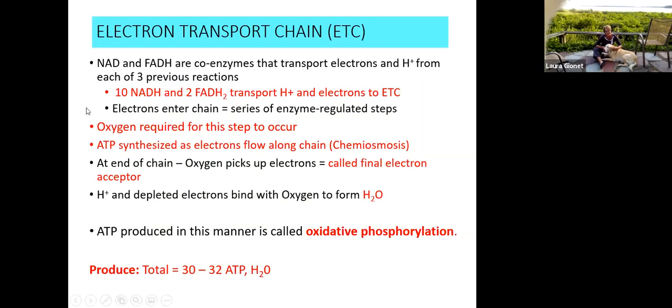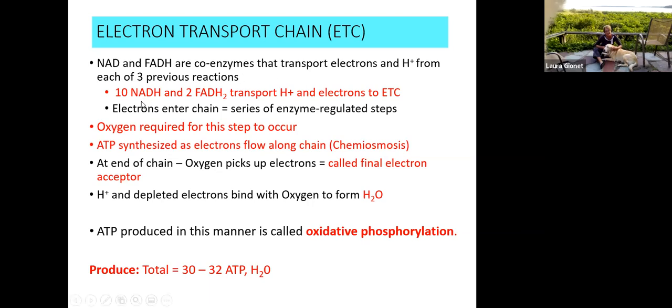So the NAD and the FADHs are what we've seen that we're putting hydrogens and electrons to and shuttling down to the end of this process, to the electron transport chain. They are coenzymes that transport electrons and hydrogen from each of the 3 previous reactions.